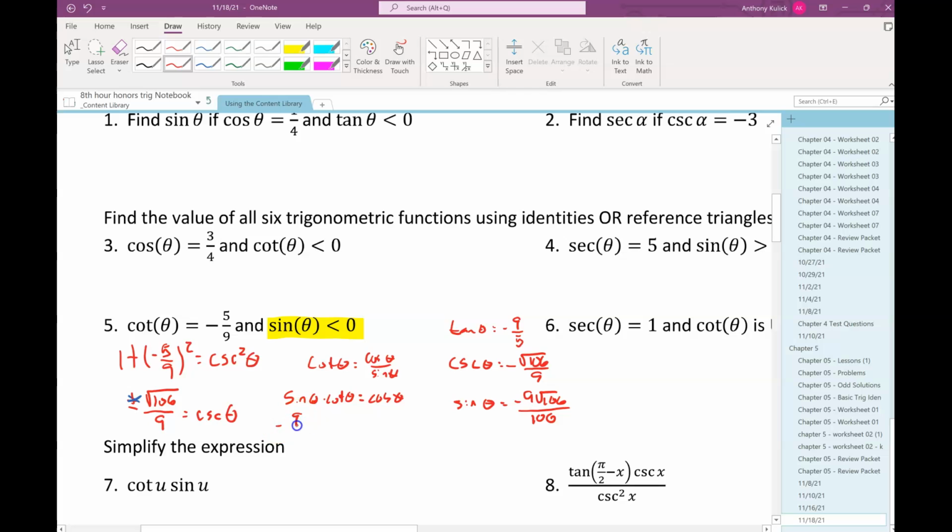So if I plug those in, I get that cosine is 5 root 106 over 106. And then secant is just the reciprocal. So after I reduce, I have root 106 over 5.